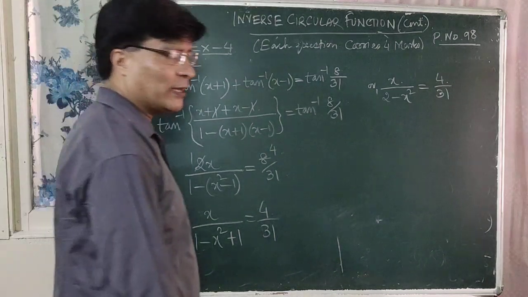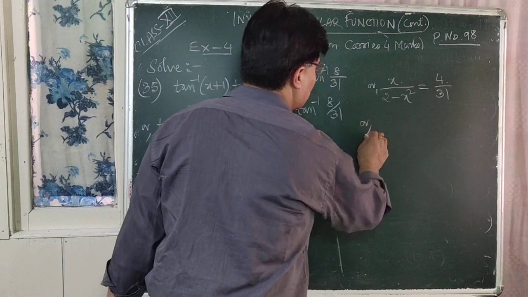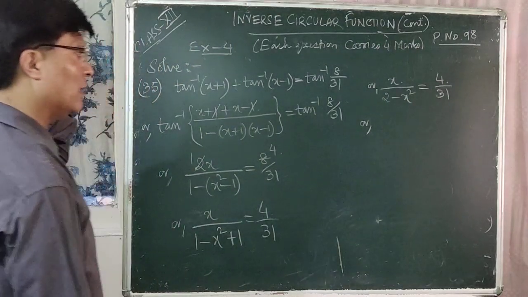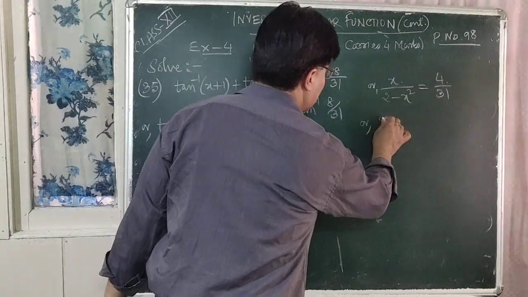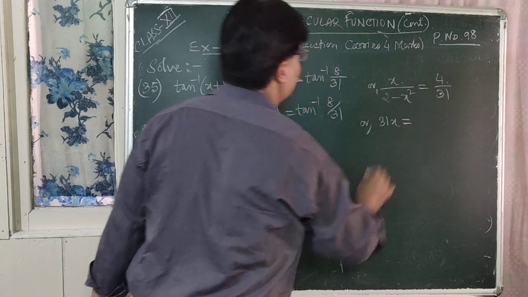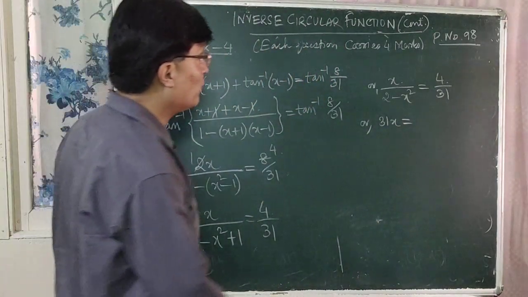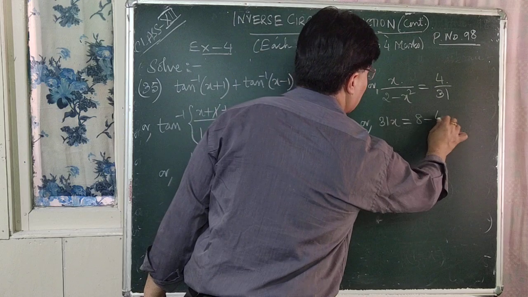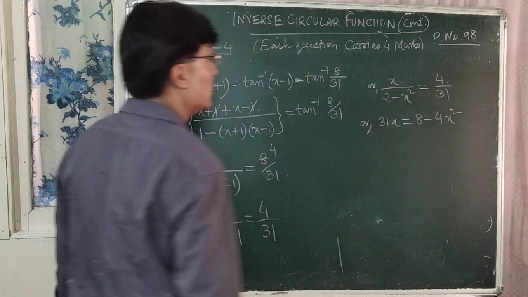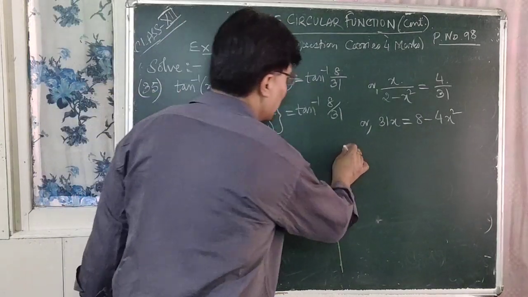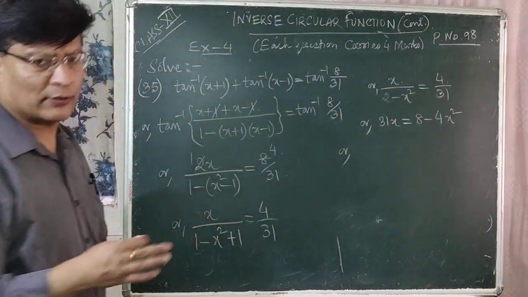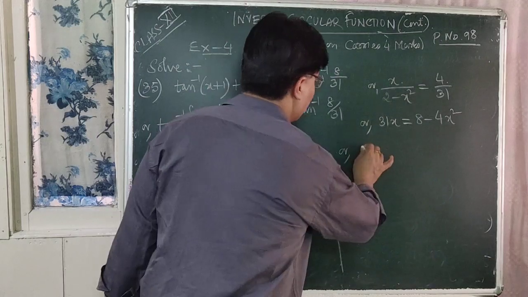Now you can easily solve it. You can do cross multiplication. So now cross multiply, what do we get? If you cross multiply, you get on the left hand side 31x, right? Is equal to 4 twos are 8 minus 4x square. Is that clear? 4 twos are 8 minus 4x square. Now take all the terms to the left hand side so that the right hand side is always 0.